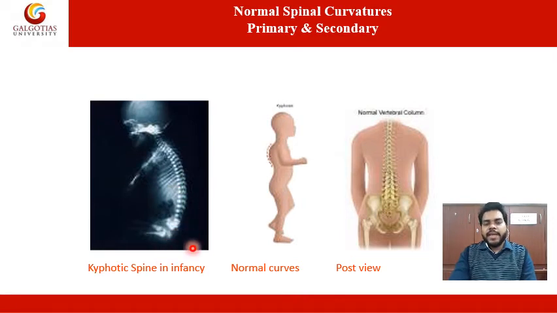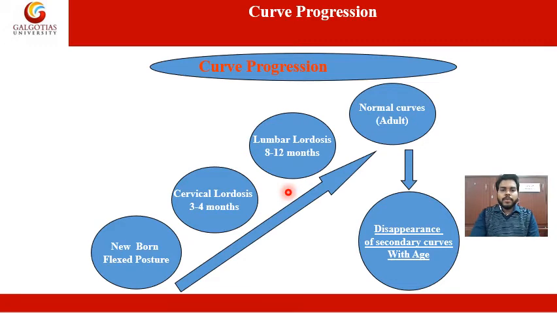By adolescence, the body adapts to gravity and weight bearing, so our normal curves develop with progression of age. The newborn has a flexed, kyphotic posture. Cervical lordosis develops by 3 to 4 months and lumbar lordosis by 8 to 12 months, and the normal curves become adult-like in adolescence.